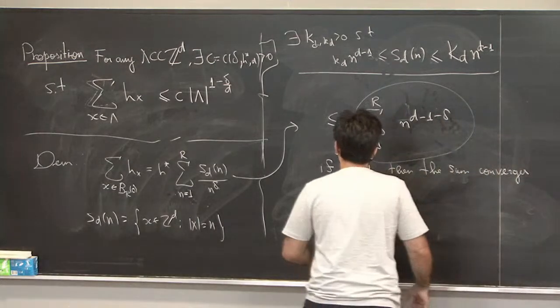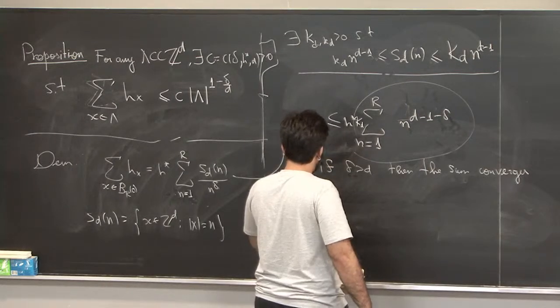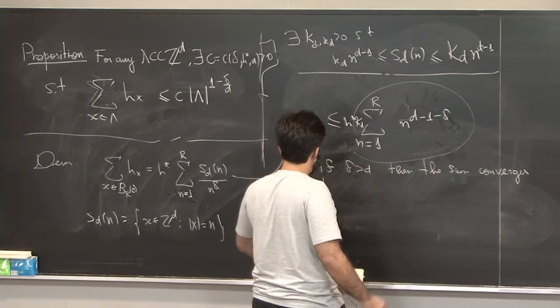So consider the case now that delta is less than d.